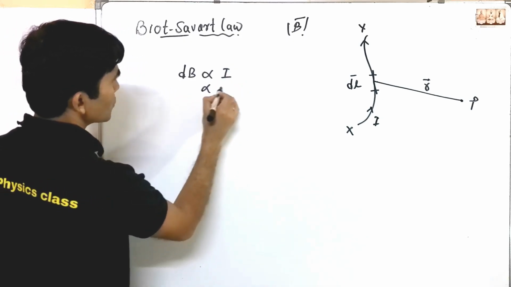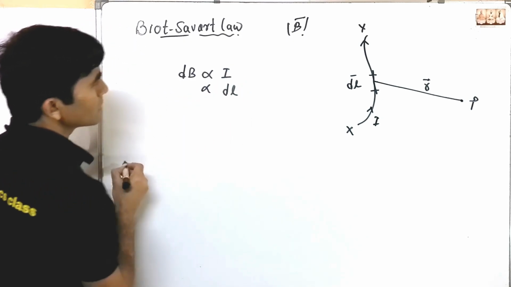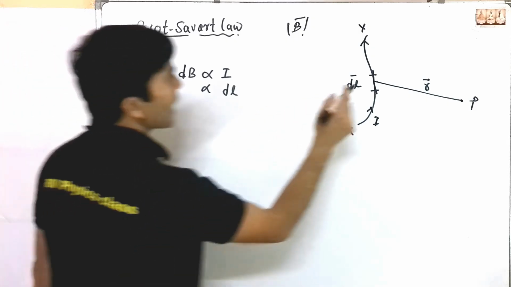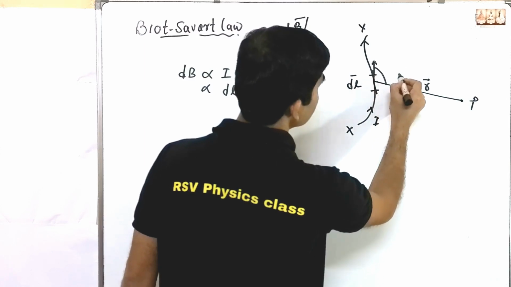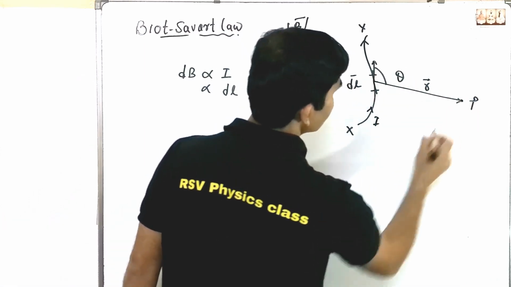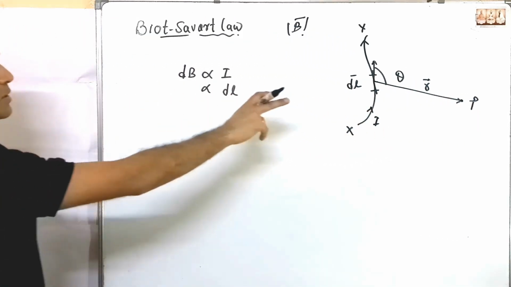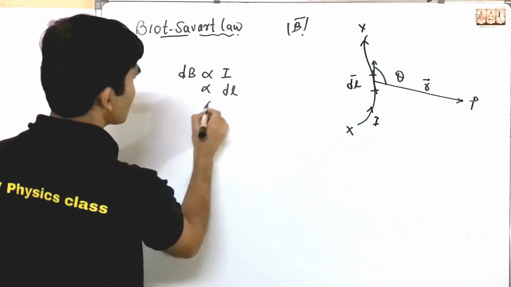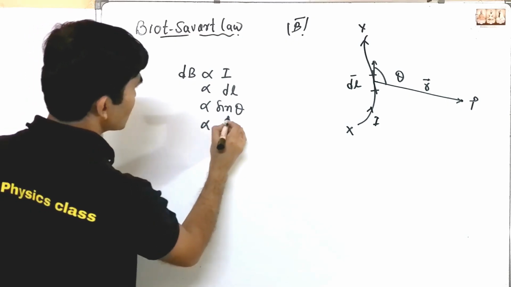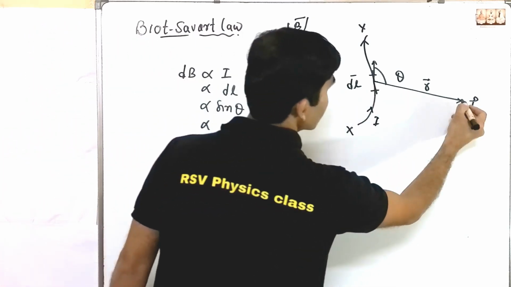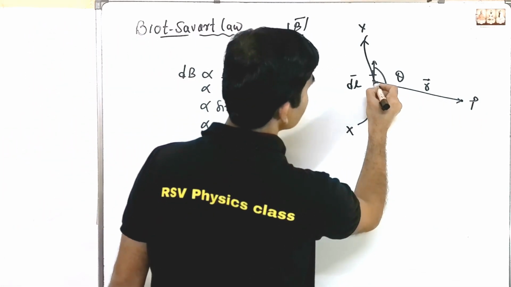dB proportional to dl, and proportional to the angle between dl and the position at which you are calculating. The angle between is theta, so it is proportional to sine theta, and also proportional to distance. This is a long range force, the magnetic force.